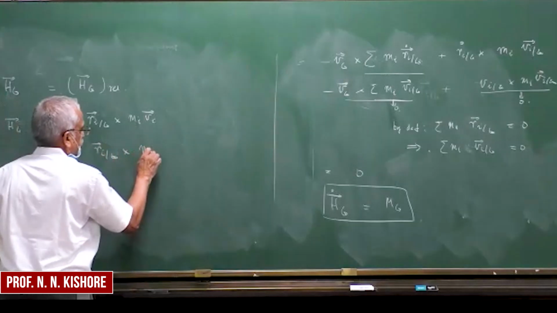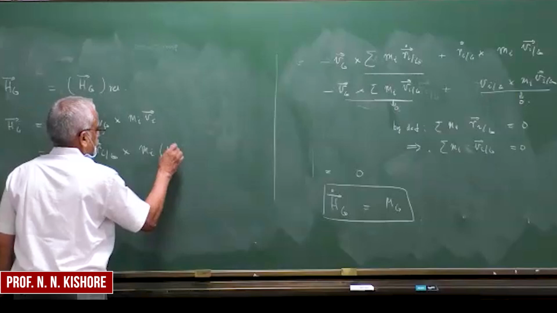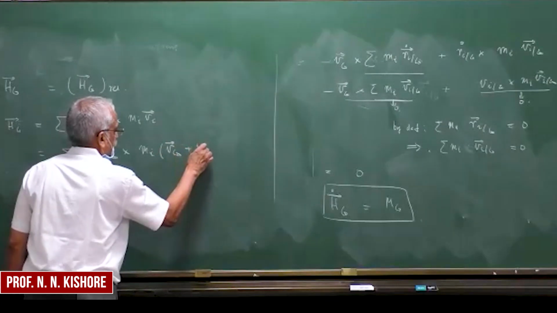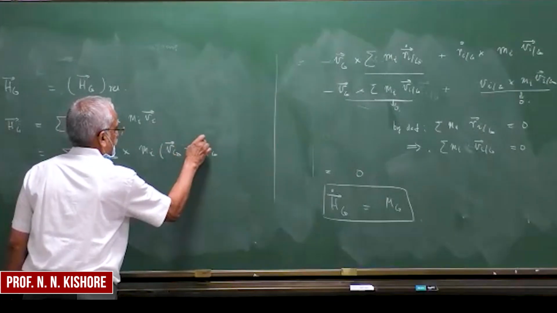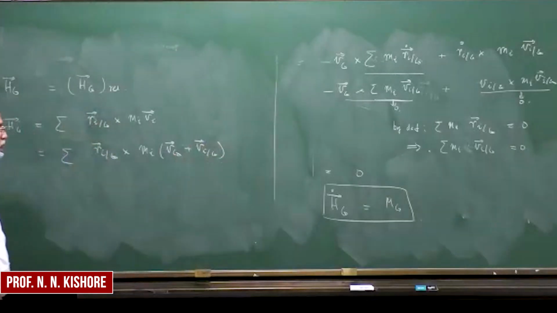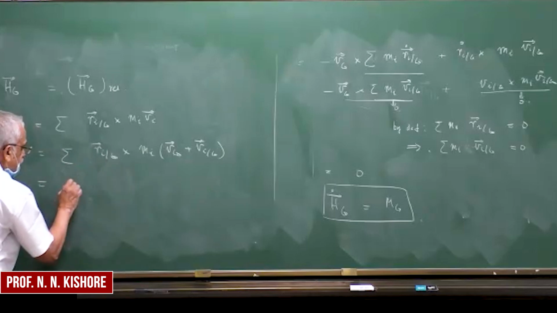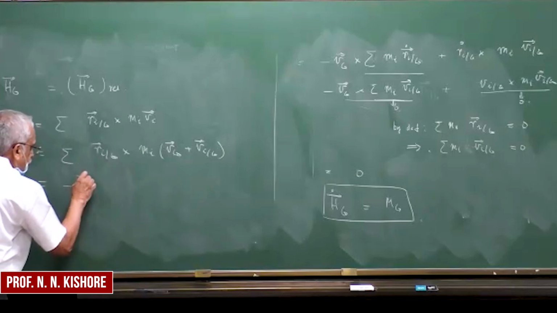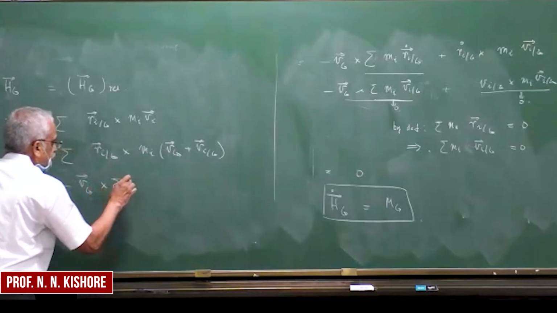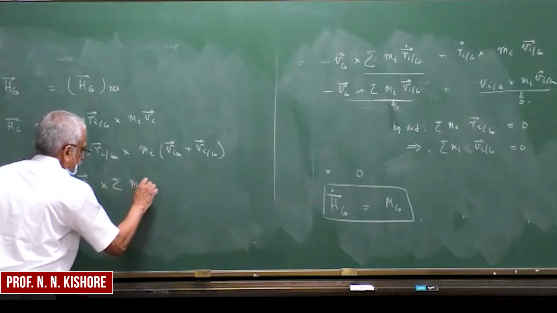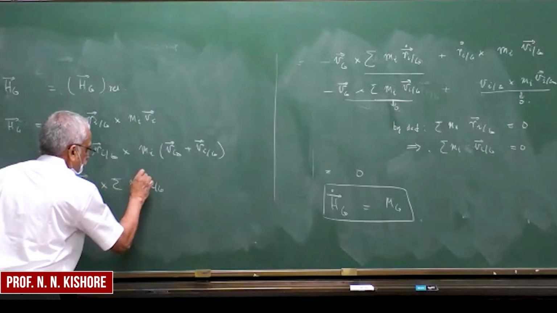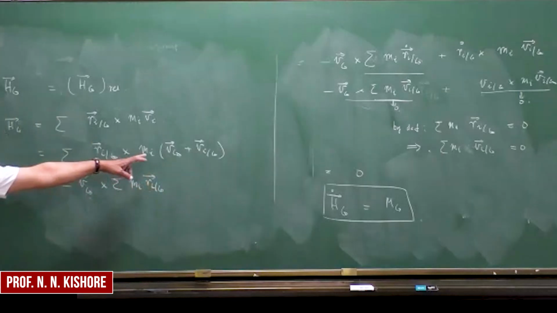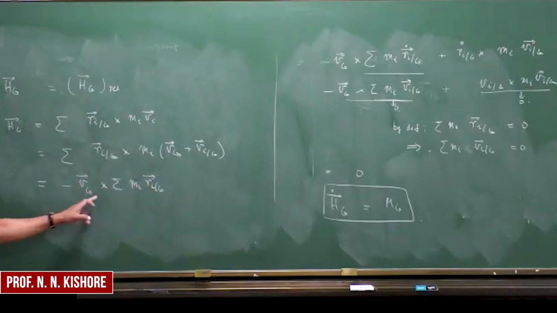So this we can write it as Pg. Right. So the first term, for example, we can write it as minus Pg cross, is the first term. Just interchange. I brought Vg out.